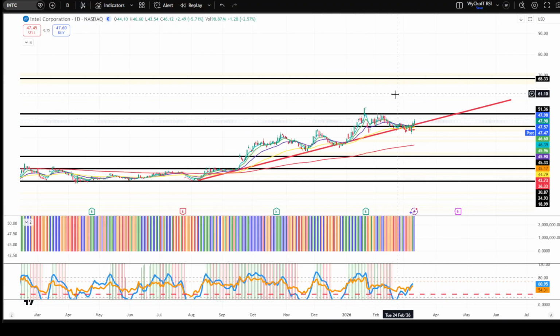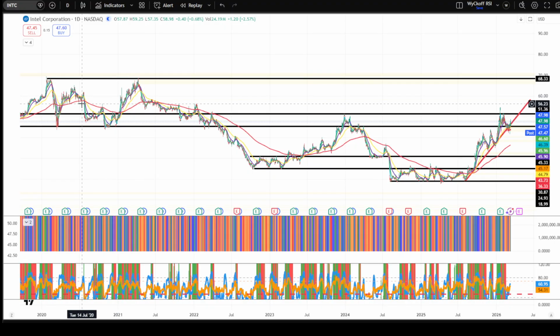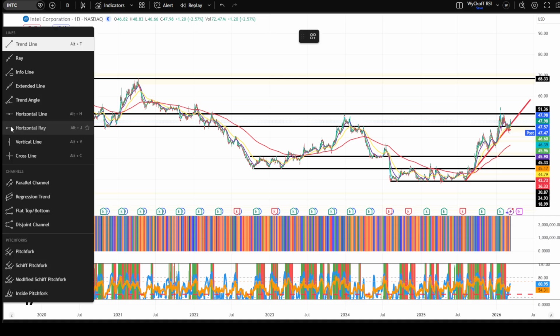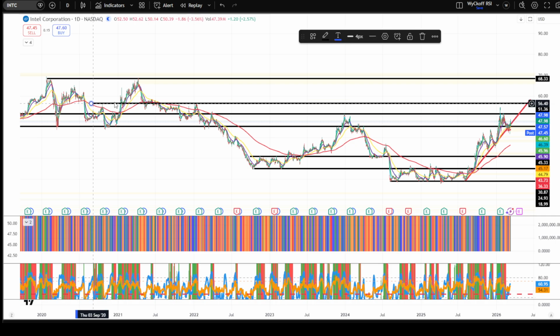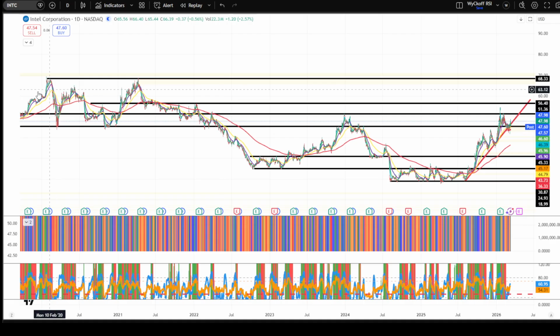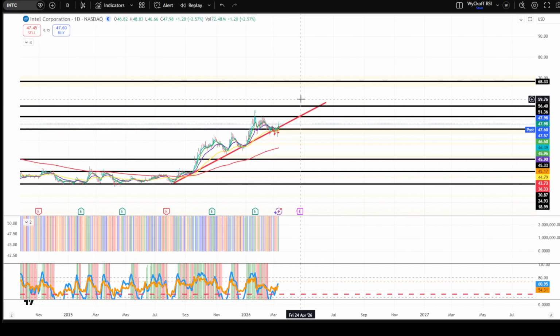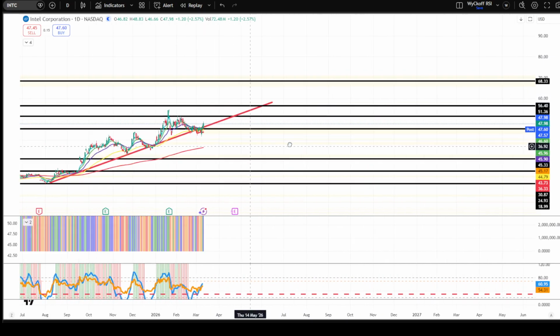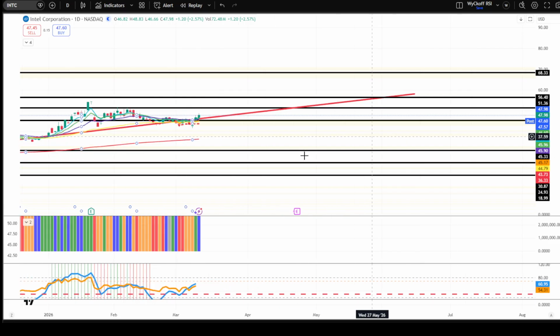So you kind of get an idea of the big picture. And actually there's another range here, so another range there, and there's probably another range there, but you get an idea. So that's what you look at big picture wise on the daily time frame.